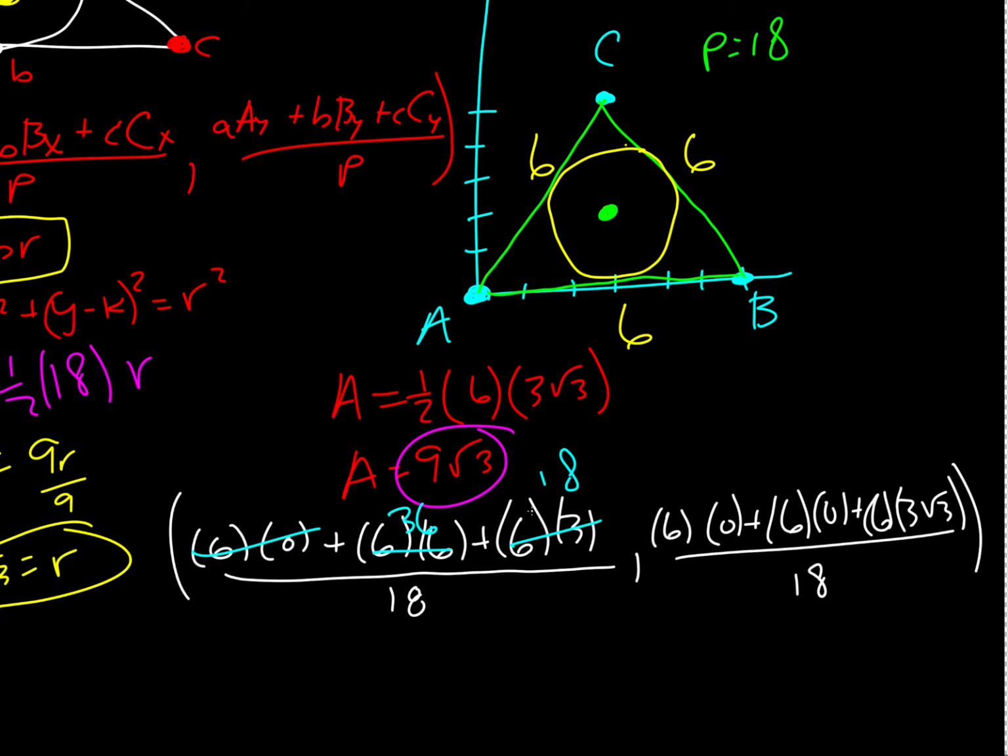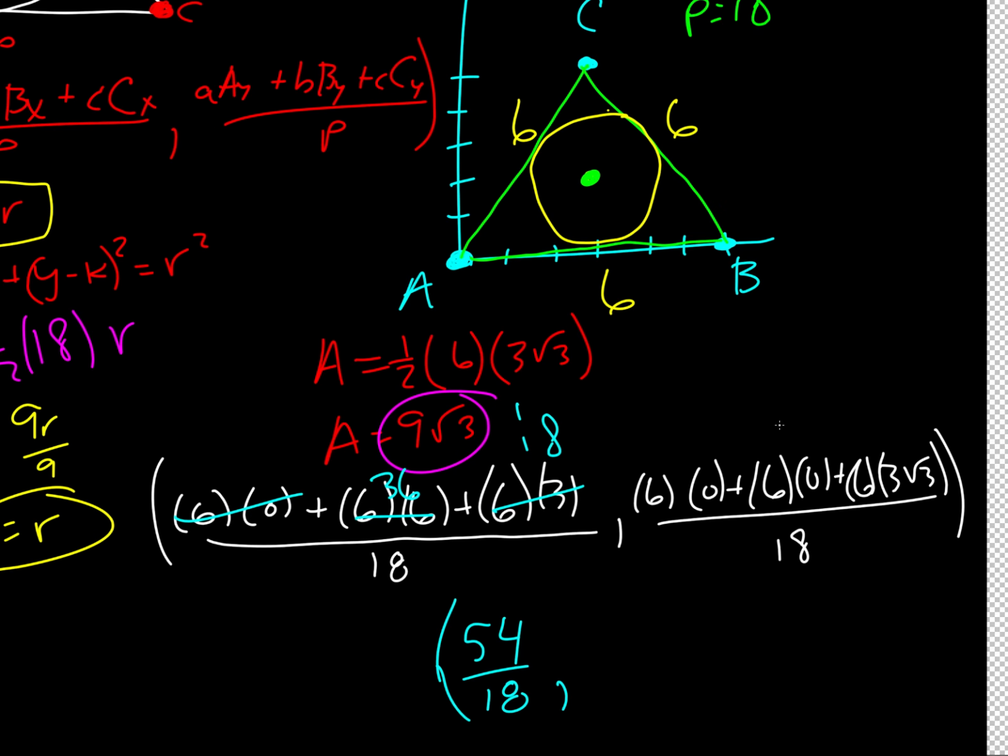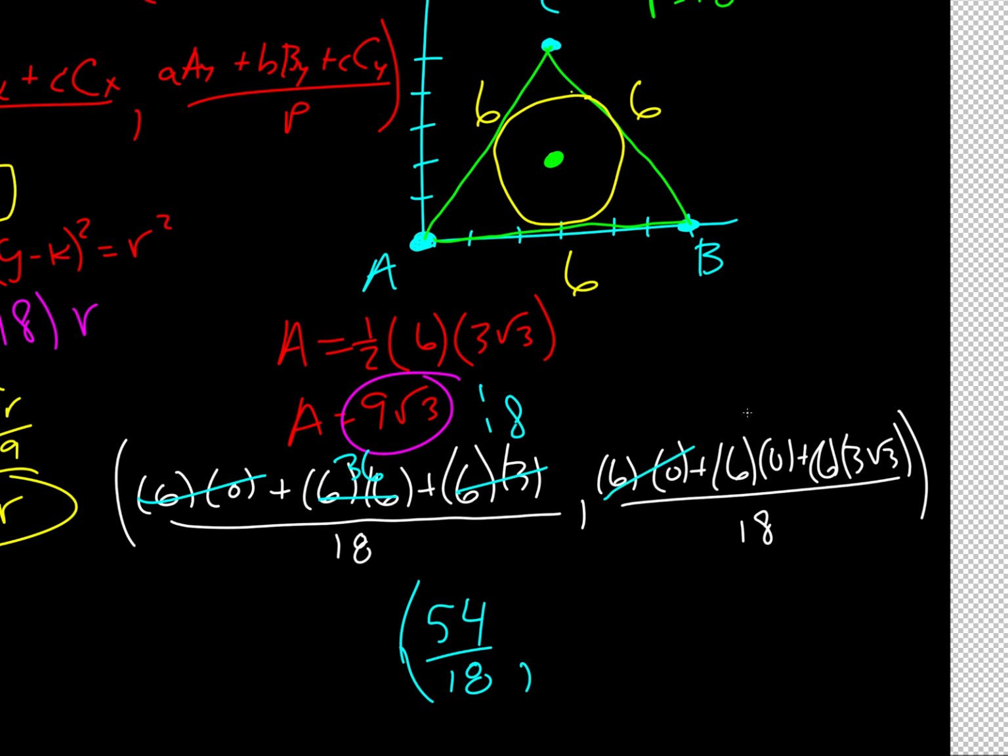If we do 36 plus 18, that's going to be 54 over 18. Okay. Now right here, 6 times 0 goes away, 6 times 0 goes away, and then this is going to be 6 times 3, which is 18 root 3. So we get 18 root 3 over 18.